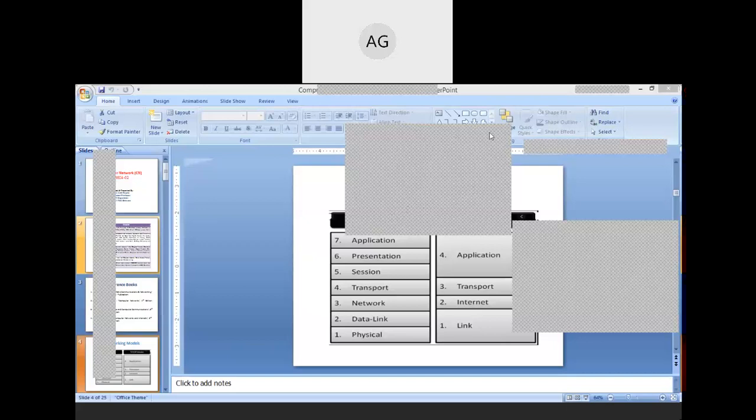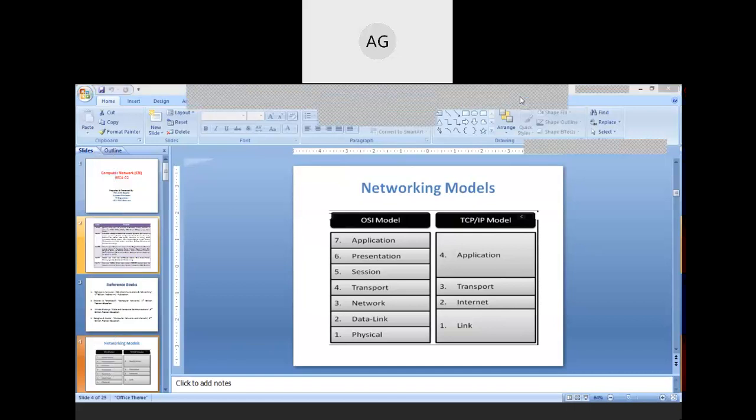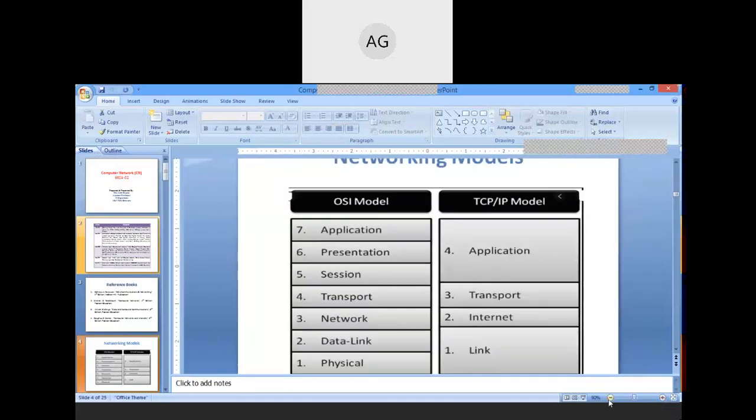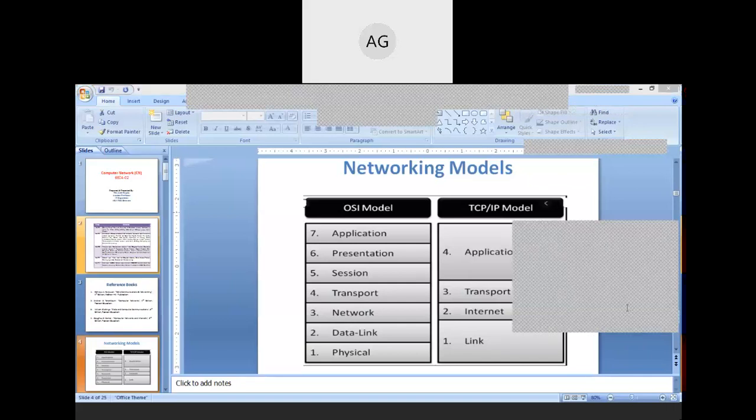The screen is not visible clearly. Just a minute. Now the screen is visible to you. Just write in the chat box.